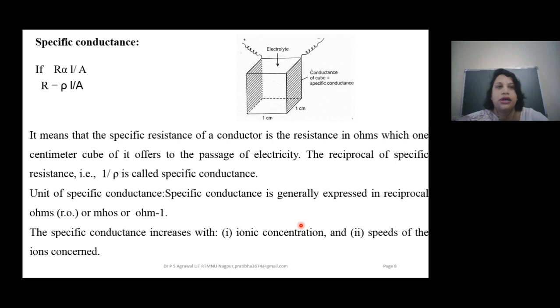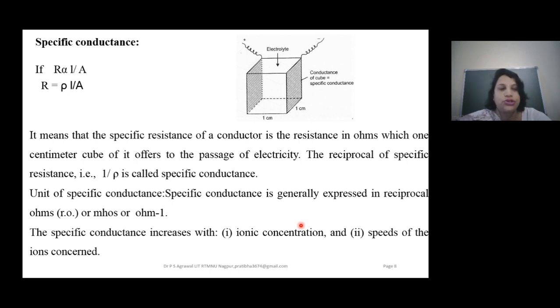According to this law, the current flowing through a metallic conductor is given by I is equal to E by R. Now if R is taken as the resistance, then it is proportional to the length and inversely proportional to the area of cross section.